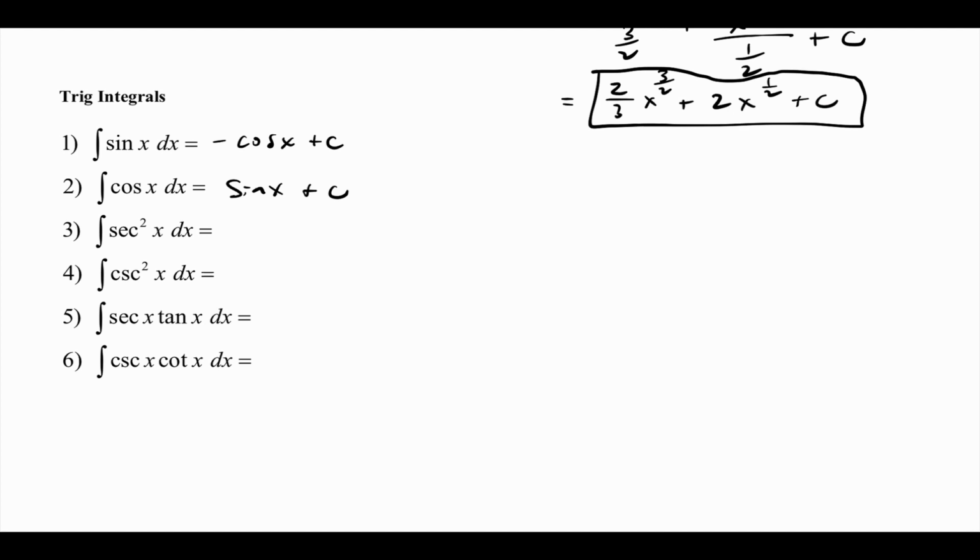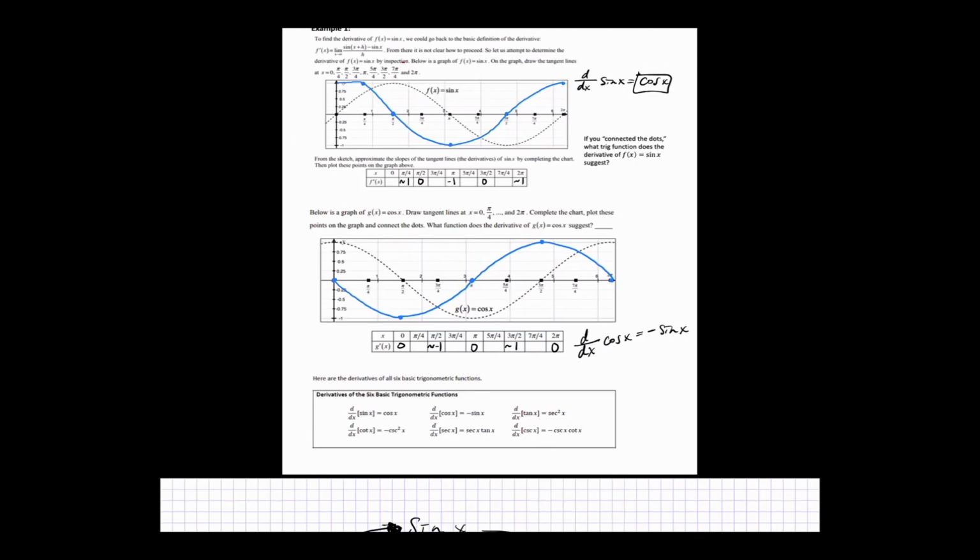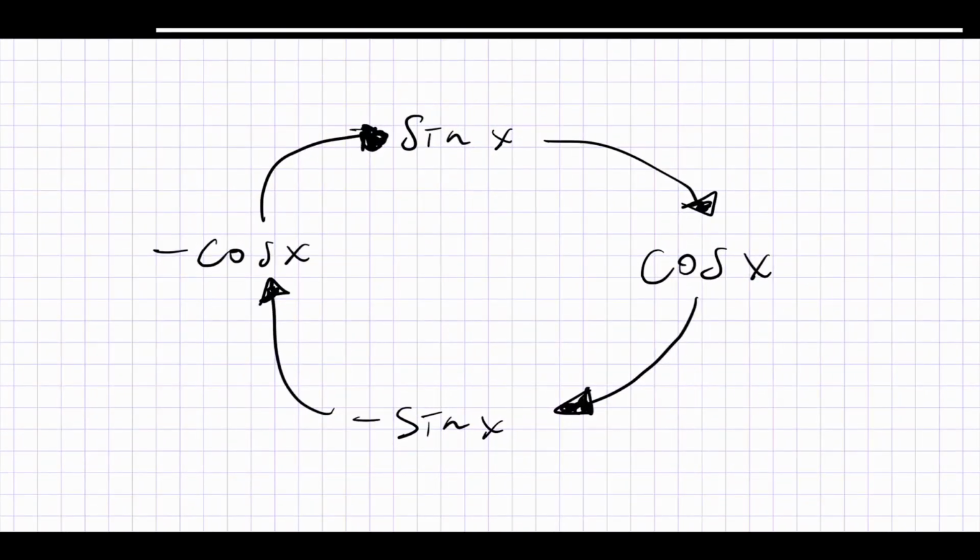Exactly. The cycle, right? Let's see if I can find it from a long time ago. Here we go. The cycle right here. Somewhere buried in your notes, when we first talked about derivatives of trig, we made this cycle. If we follow the arrows, that's derivative.